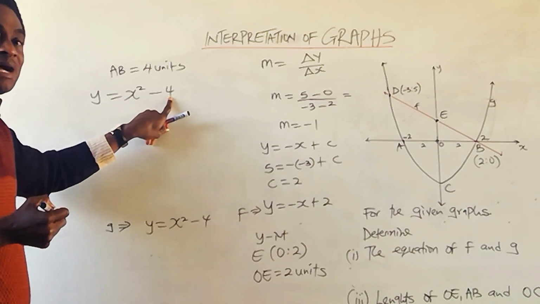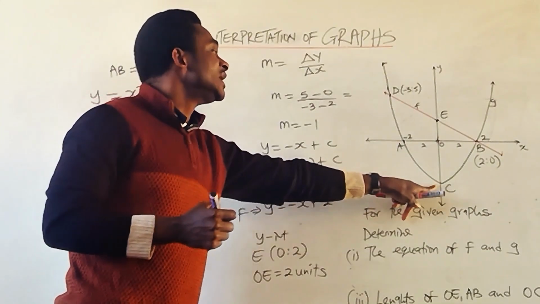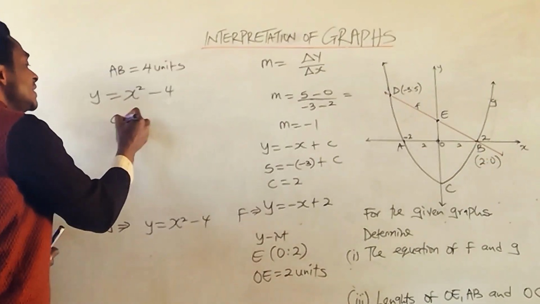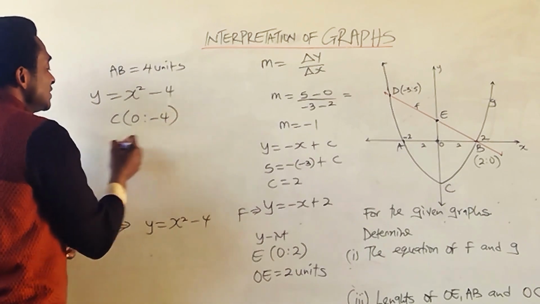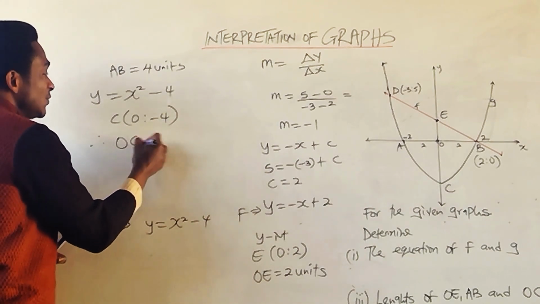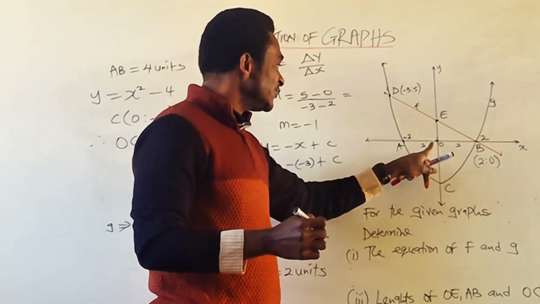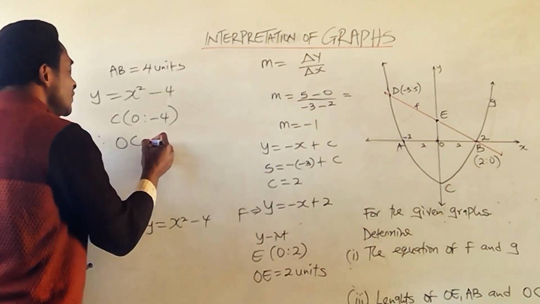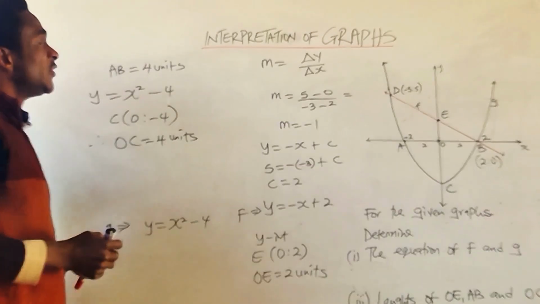In this case, our turning point also serves as our y-intercept, where the graph touches the y-axis, and it is at negative 4. So the coordinate of C is 0 and negative 4. Therefore, our OC will be the distance from 0 to that point. And from 0 to that point will be 4 units. So our OC is 4 units.